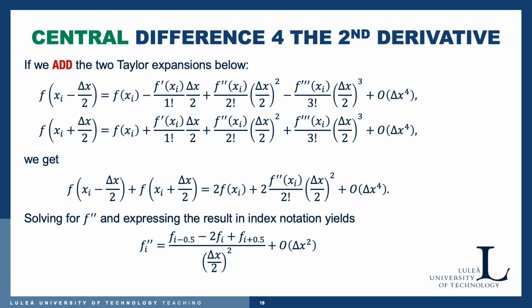And left is an expression which we can solve for the second derivative of f at the point x_i. When we do, and express that in index notation, we have the following result, which is also second order accurate in terms of Δx.